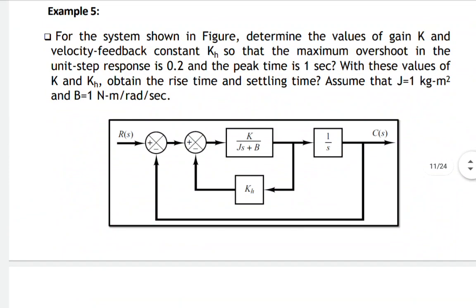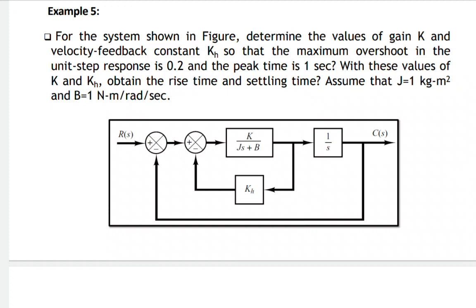Now another example. For the system shown in the figure, determine the values of gain k and velocity feedback constant kh so that the maximum overshoot in the unit step response is 0.2 and the peak time is 1 second. With these values of k and kh, obtain the rise time and settling time.